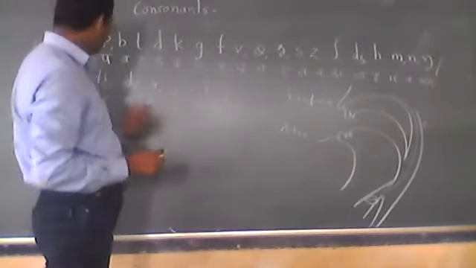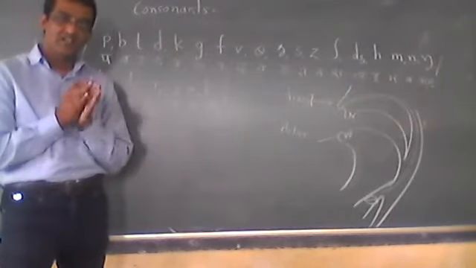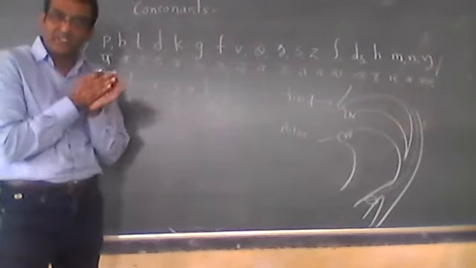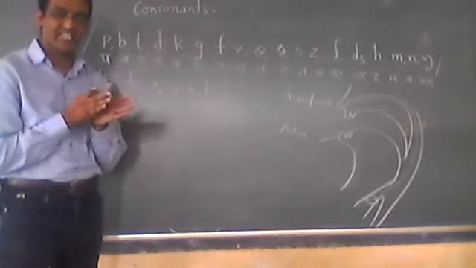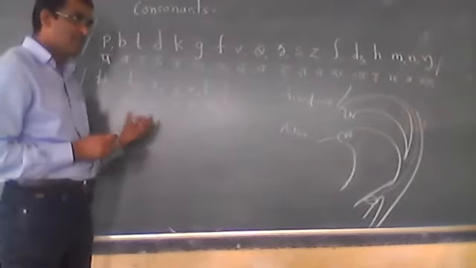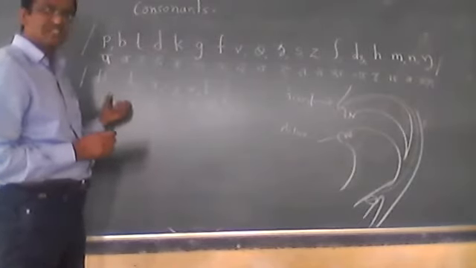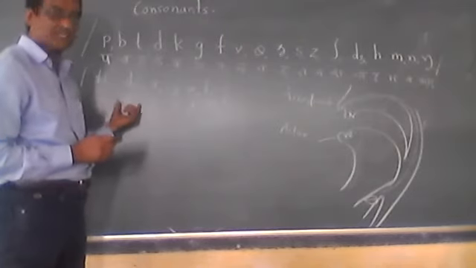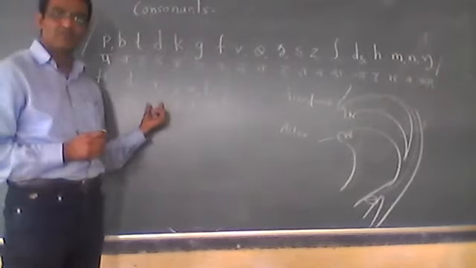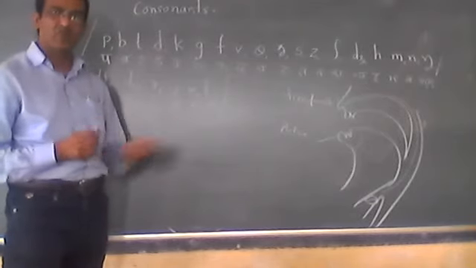Again, we have the ch and j sounds. These sounds have friction and at the same time an explosion. So these are affricates, friction and plosive. Okay, so these are called affricates. R is a frictionless continuant. Y and w are semi-vowels.